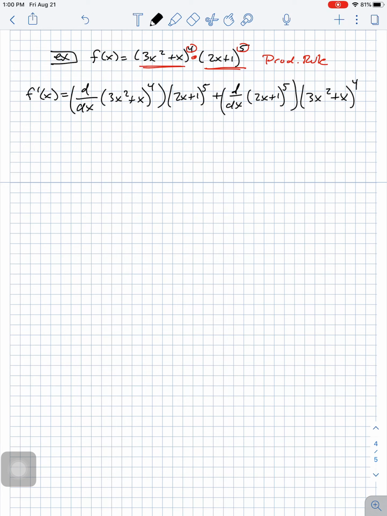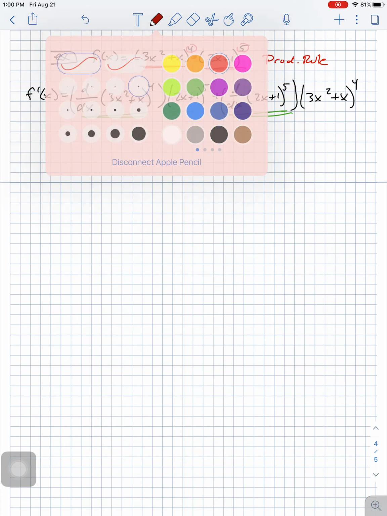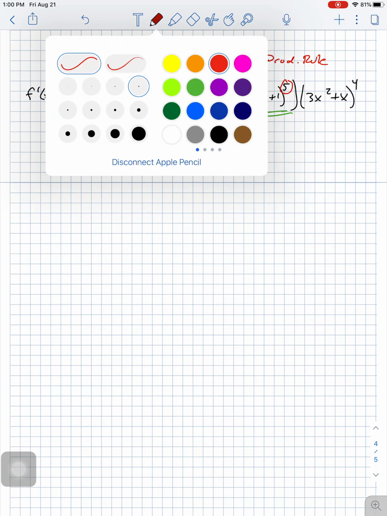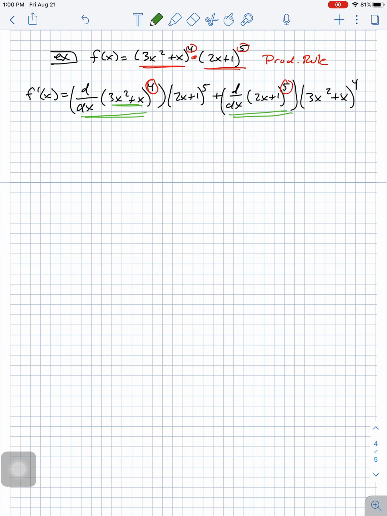Okay, I really think it's going to benefit you to write it out like this in pieces, because look at now what we have. This derivative right here, and this derivative, are chain rules. You've got your outside function right here and here, and you've got your inside functions here and here.